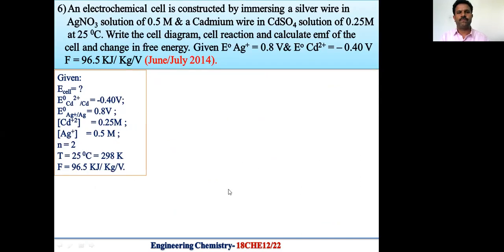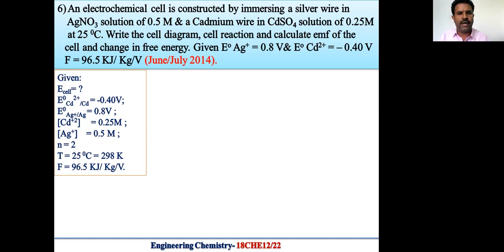Problem number 6, which appeared in the June-July 2014 question paper. An electrochemical cell is constructed by immersing a silver wire in AgNO3 solution of 0.5 molar and a cadmium wire in cadmium sulfate solution of 0.25 molar at 25 degrees Celsius.